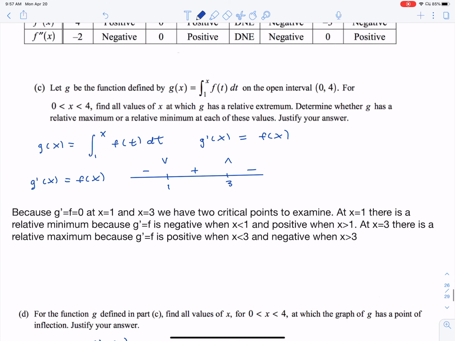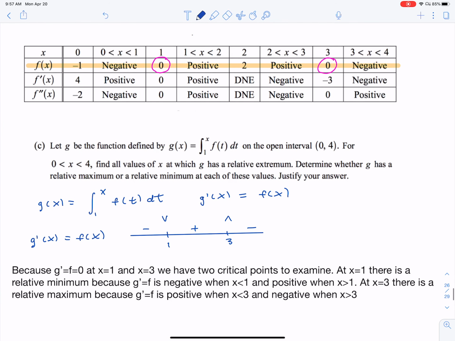Now, looking back at our table, let's clean this up for a second. Yeah, there we go. Now I am looking at this line right here, because that's going to be the second derivative of g. And I'm doing the same thing as I did before. Where does that second derivative equal 0, or where does it not exist?